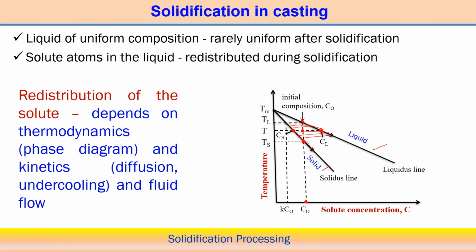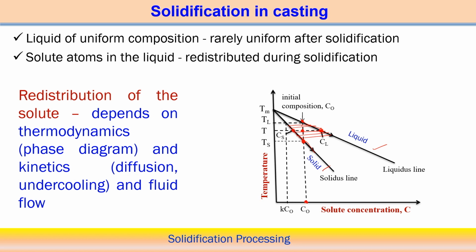So as the temperature decreases, there is a continuous change of the composition of the solid and liquid phase. But if you do not allow diffusion in the solid phase, and allow diffusion only in the liquid phase, the equilibrium might change, or there may not be sufficient time for diffusion to occur in either the solid phase or the liquid phase.